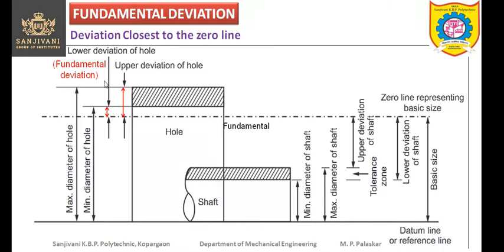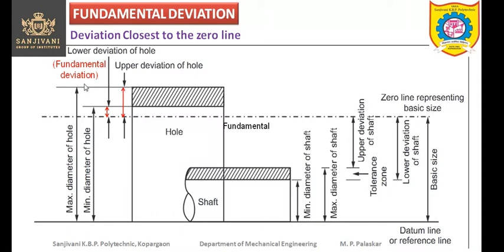So this lower deviation, you can see that it is closest to the zero line. Out of these two deviations, upper deviation and lower deviation, this lower deviation is closer to the zero line as compared to the upper deviation.